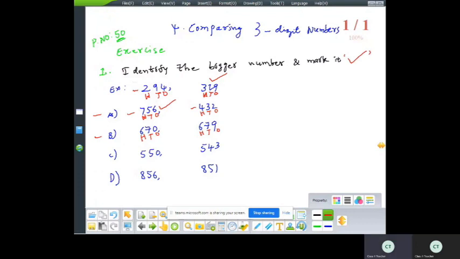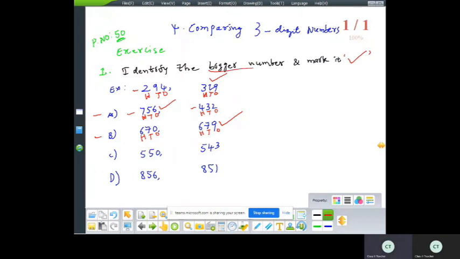Now the digit in the tens place is 7 and 7, again both the same. Now the digit in the ones place is 0 and 9. From 0 and 9, which is bigger? 9 is bigger. Then we put 679 as the bigger number.